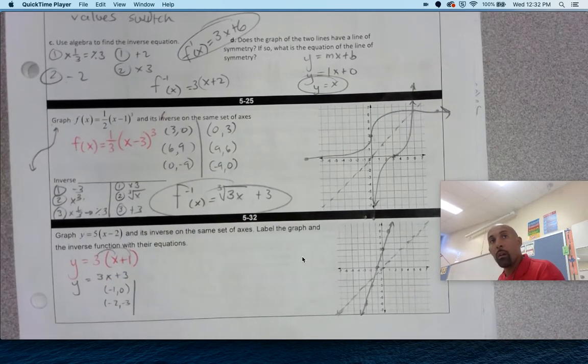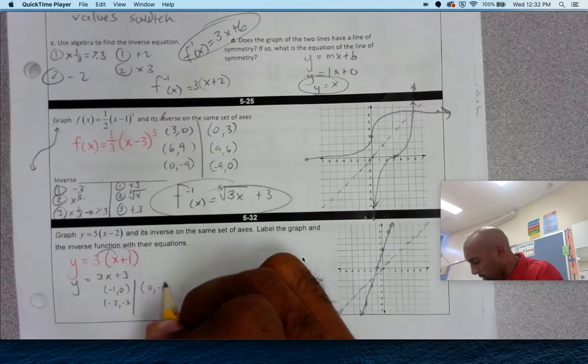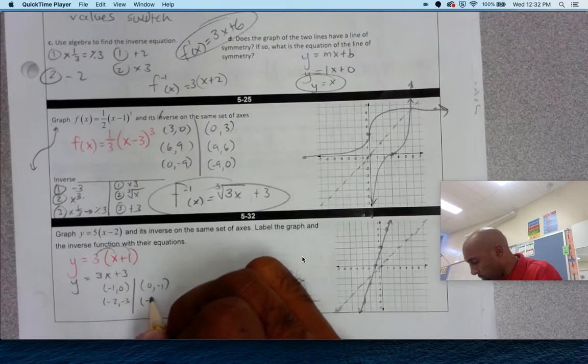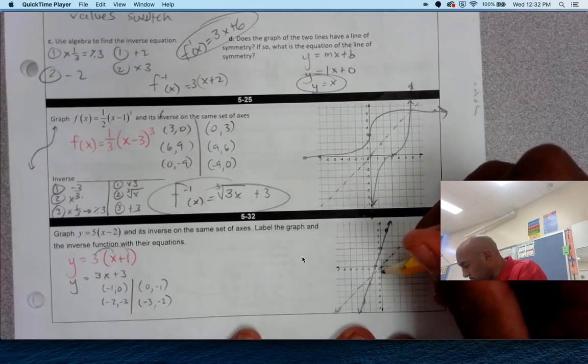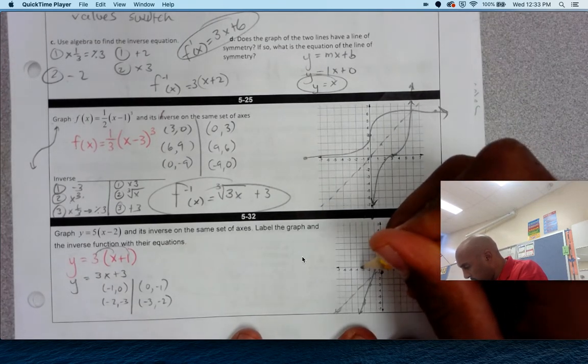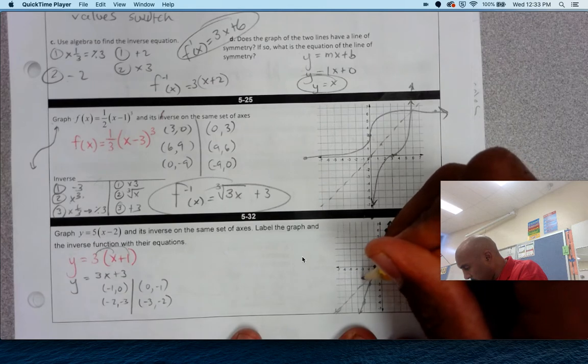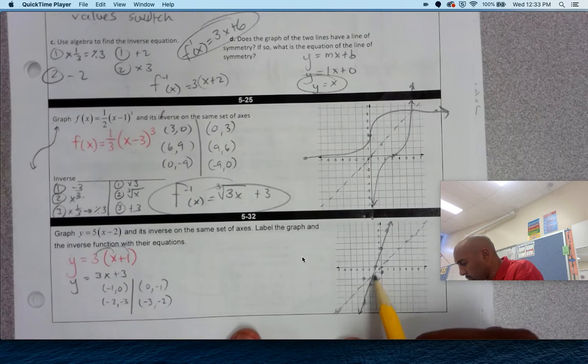Now, all I got to do is flip those points around to get the inverse values. So flip that around, and now graph it. So 0, -1 is there. And then -3, -2 would be there. So there's 2 points that I can use to create my line.